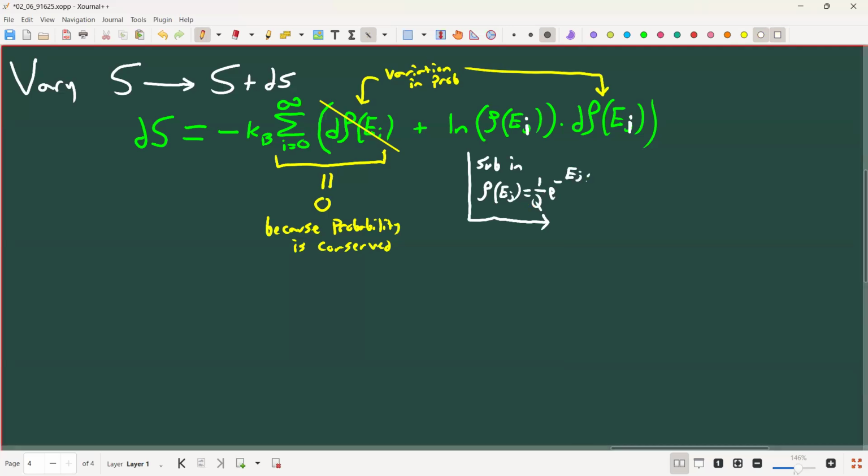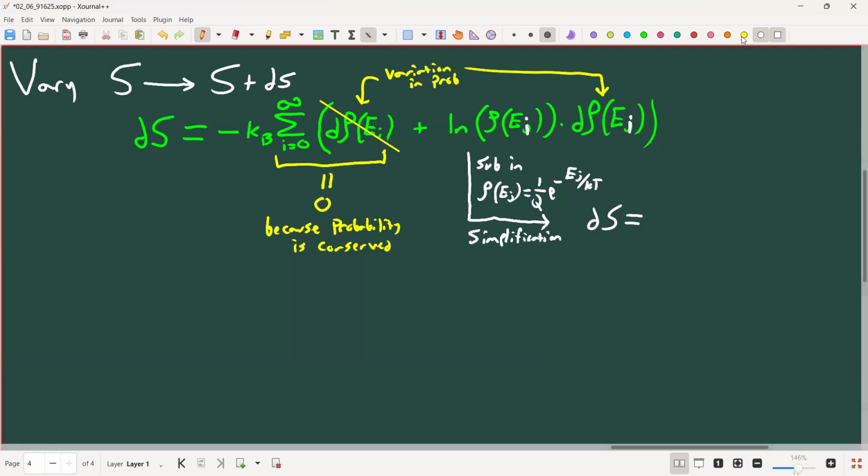Right, we can sub in our Boltzmann distribution here. And what we find is that dS, after we do a bunch of math and simplification, I'm not going to do the simplification just to save time.